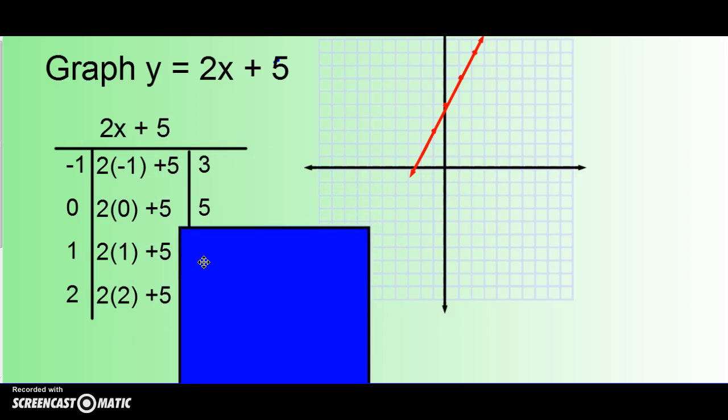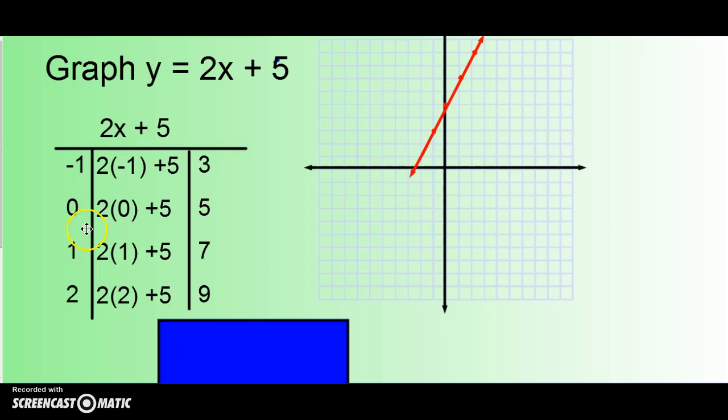And then once you've solved it, you can just graph. So I went -1, 3, 0, 5. So stay on the 0, go up 5. 1, 7, go over 1, up 7. And the last one, 2, 9, go over 2, up 9.